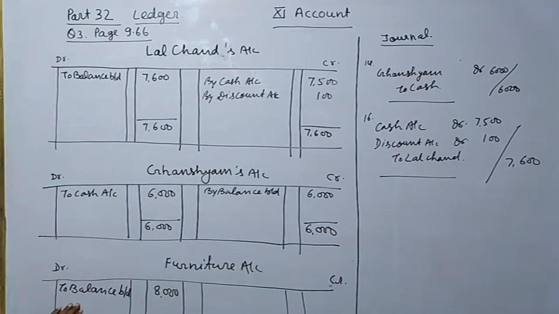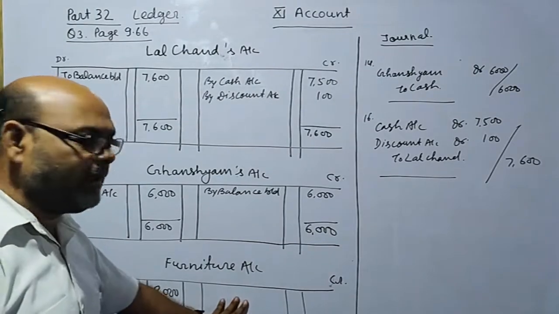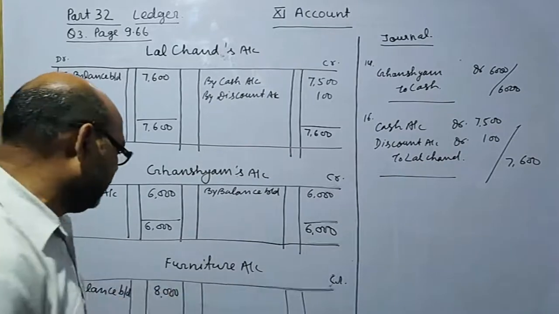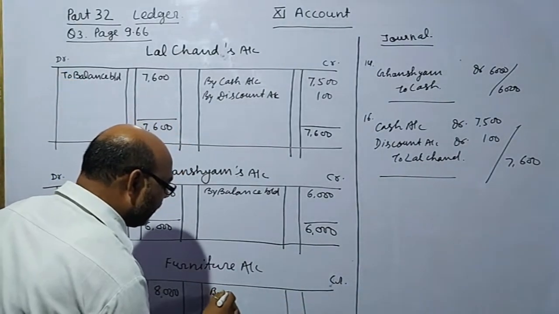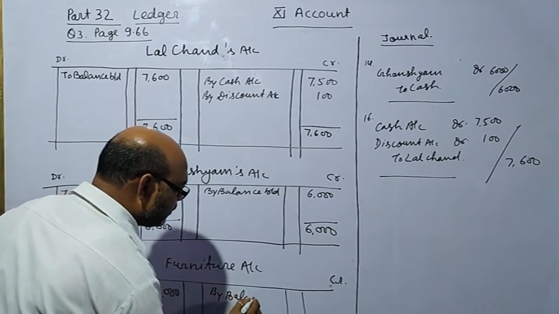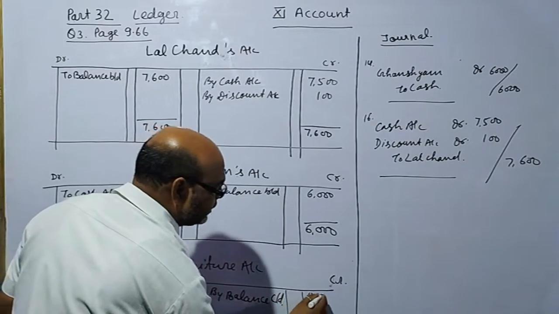But in the furniture you have written to balance BD 8,000 and on the credit side there is no transaction. So here the difference will come 8,000 and you will write by balance CD. This is 8,000.